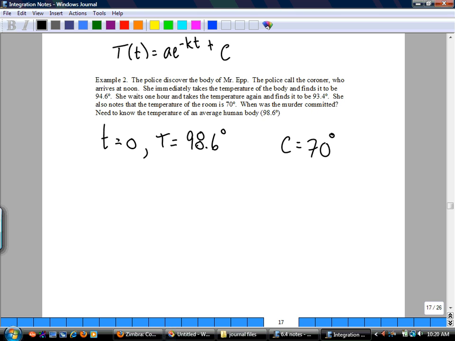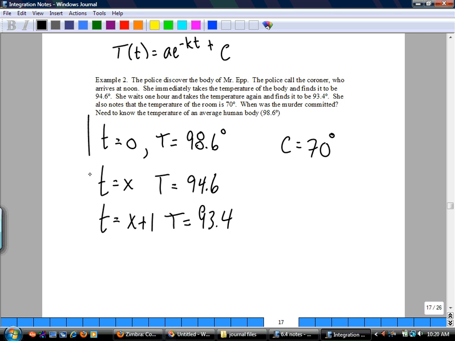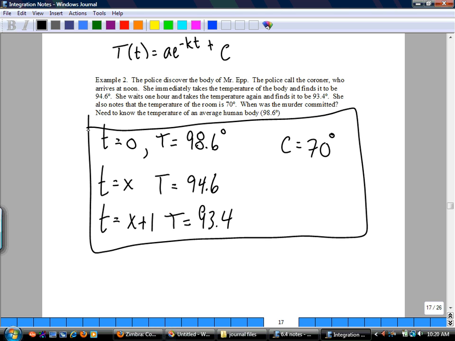I'll show you where it all comes from. And then at time t equals x, when they find the body, it's 94.6. And at time t equals x plus 1, the body's temperature is 93.4. So the question tells you all of this information.